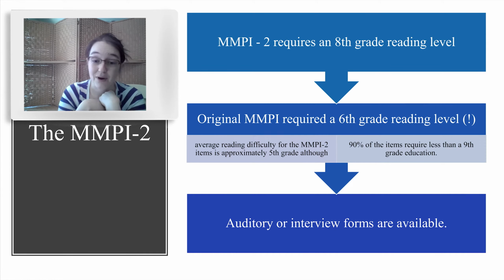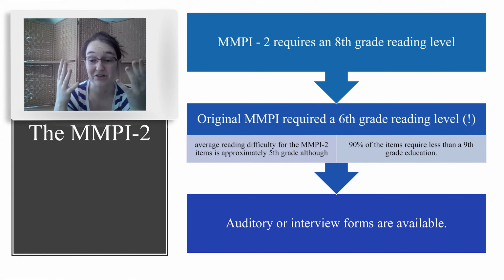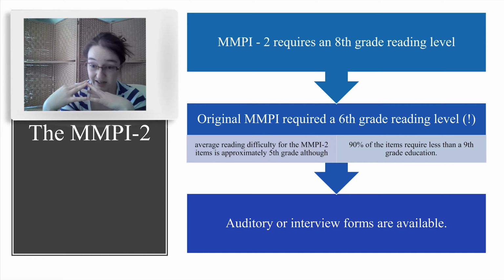So when you have items that tap education as well, so anything that requires like a 10th or 11th grade reading level or college level, only individuals who have that level can answer the test without bias, because everyone below that doesn't understand the question, and so their performance is a mixture of their education level and whatever the trait is.